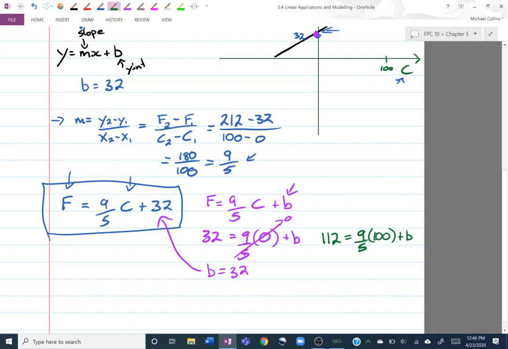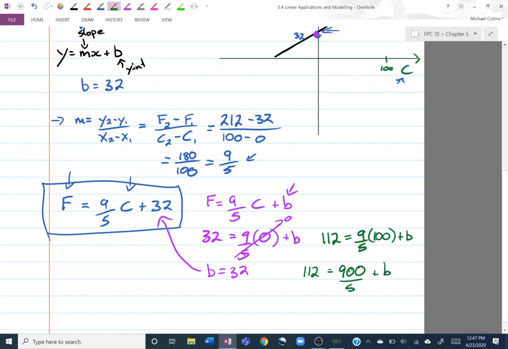Now in this case, I'm going to have to do a little bit of algebra. I might have to simplify this fraction. I get 900 over 5 plus b.